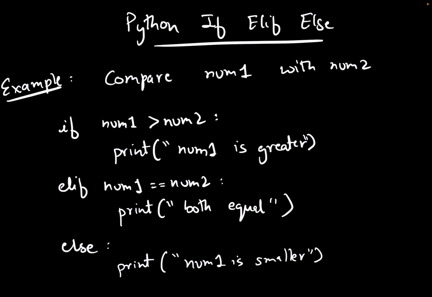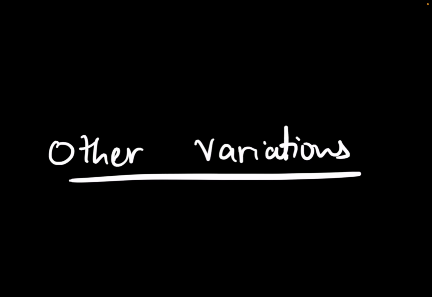This makes sense that if num1 is not greater than num2 and num1 is not equal to num2, then num1 has to be smaller than num2. So this was a really simple problem that introduces if, elif, else. Now, let's see some other variations of conditional statements in Python.